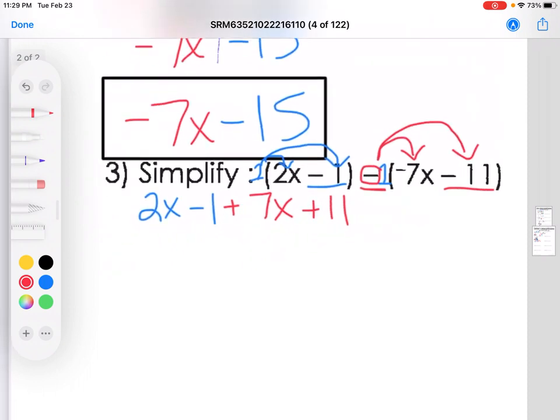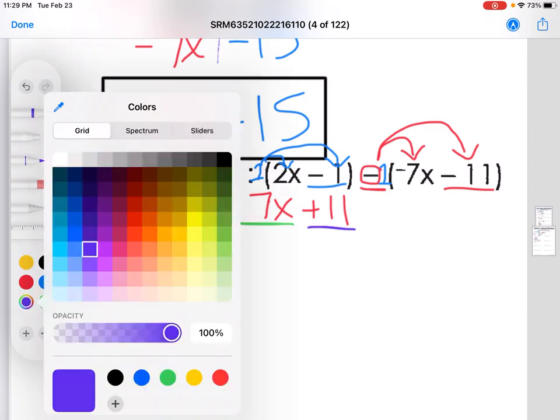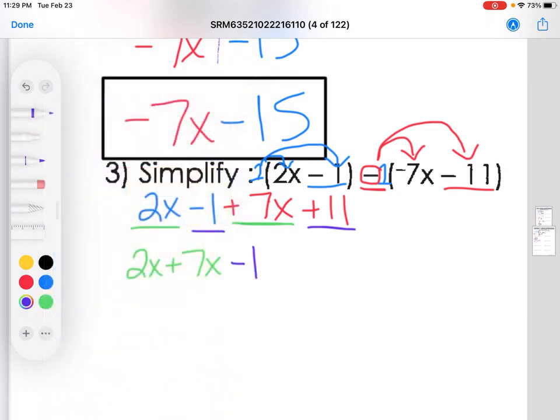Okay, combine like terms. So I have 2x and 7x, and minus 1 plus 11.